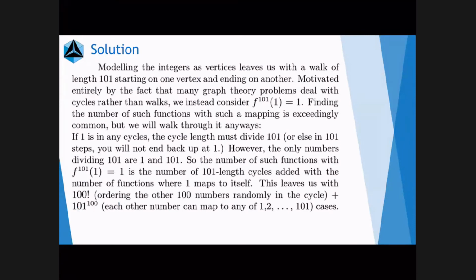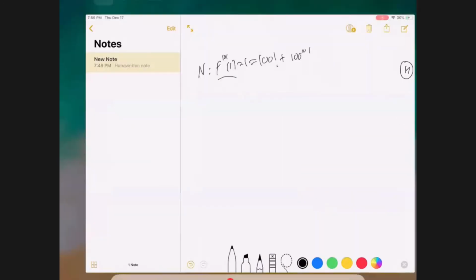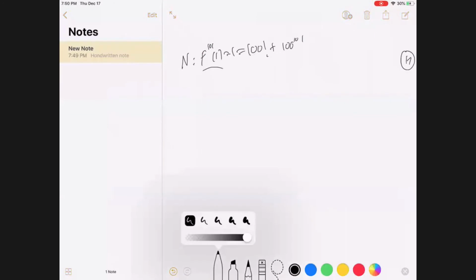Now we're going to have to use the combinatorial properties of this problem to motivate us to use one more property of many computational combinatorics problems, which is symmetry. And so the symmetrical observation here is really that we want n such that f to the 101 of 1 equals 2.